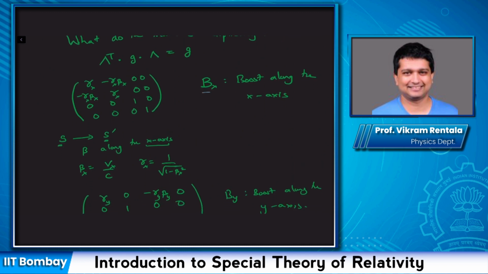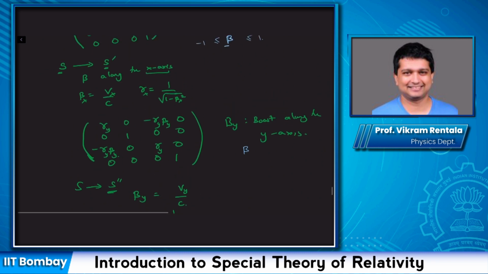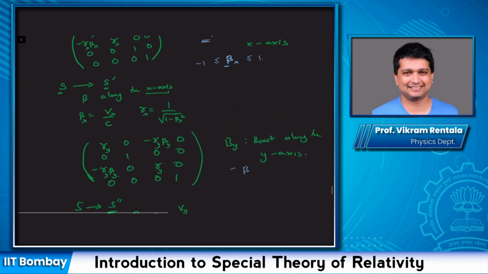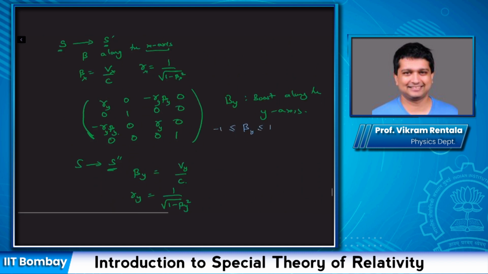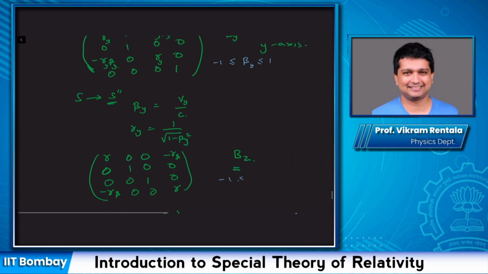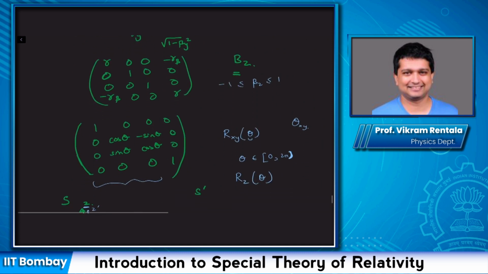And so one important thing is that the boost transformations Bx, By, and Bz depend on a single parameter, in this case beta, where beta lies between -1 and +1. So there's an independent transformation parameter for a boost along the x direction, a separate independent parameter for a boost in the y direction, and a separate parameter for a boost in the z direction.